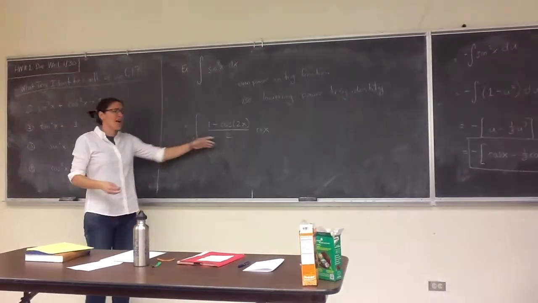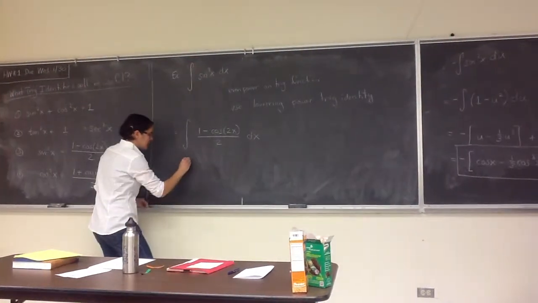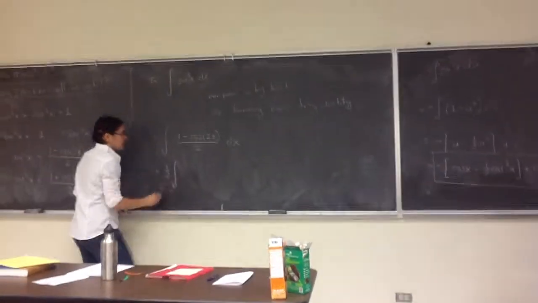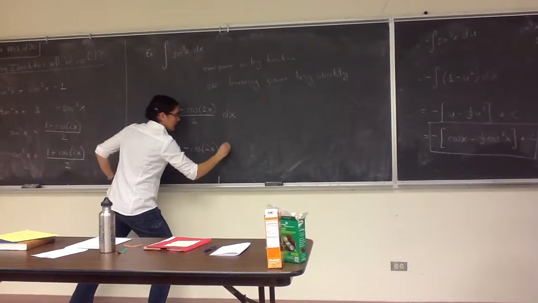Now, in terms of this whole fraction, that's just a 2 in the denominator, so I can pull that into the front as a constant. So I'm going to write this as 1/2 the integral of 1 minus cosine of 2x dx.